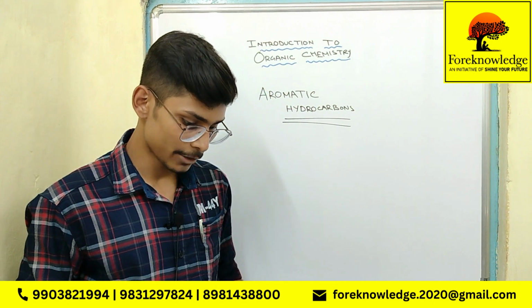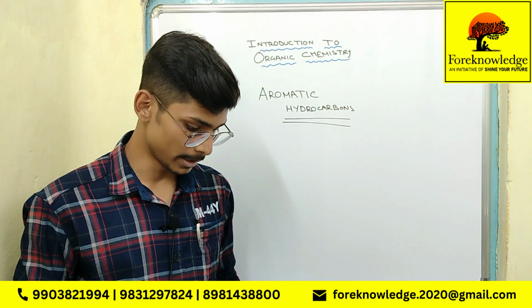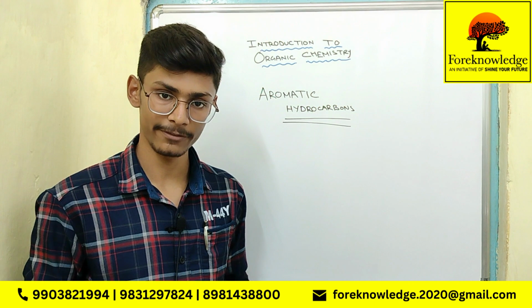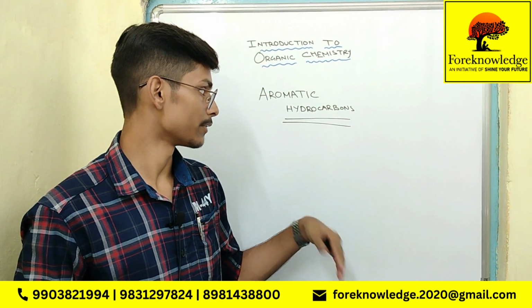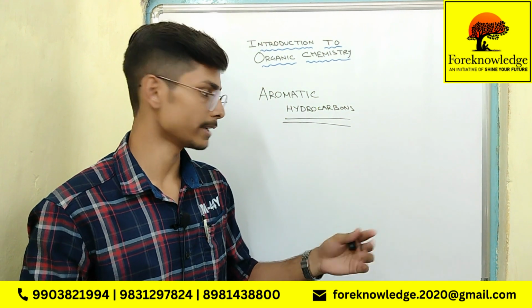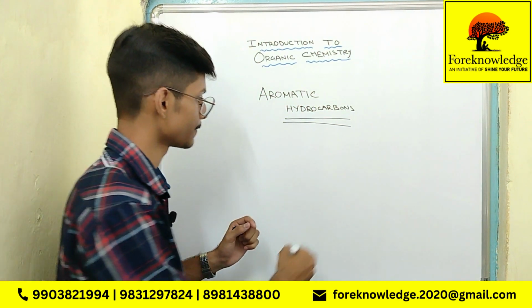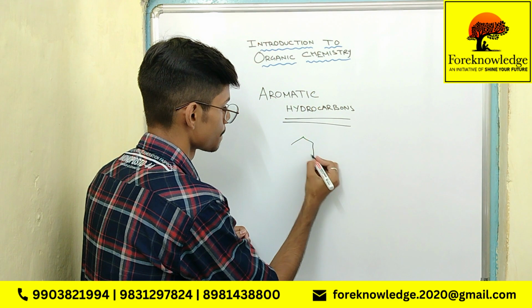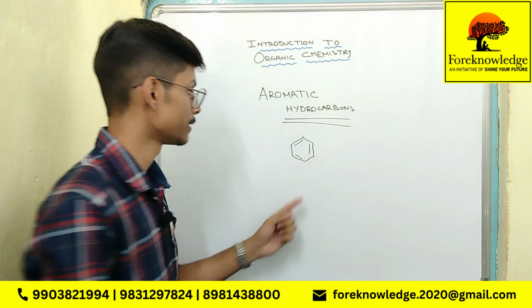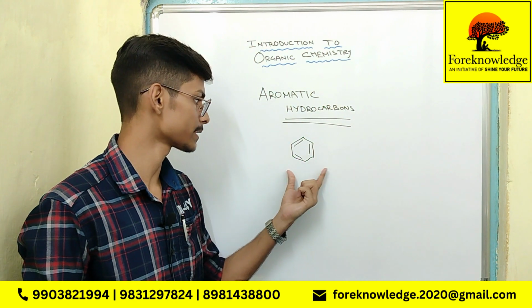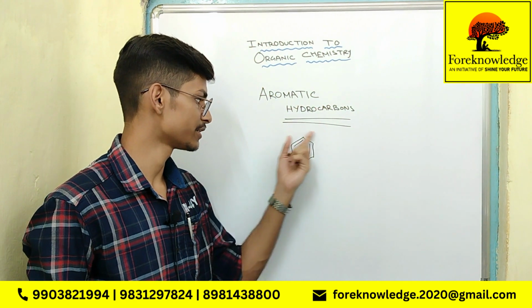So aromatic hydrocarbon or arene is basically a compound which is formed from carbon and hydrogen, and it exists in a ring structure. This is the structure of benzene, that is 6 carbons present in a ring structure.